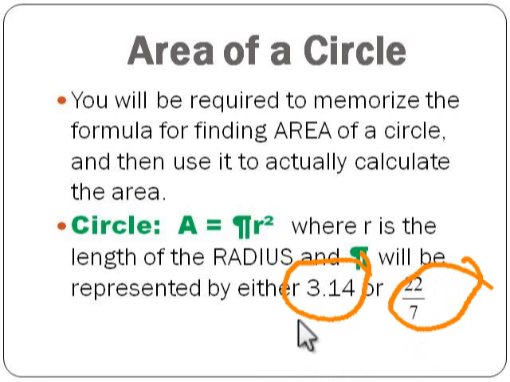It could also be a much longer decimal. It's actually a non-terminating decimal, meaning it goes on forever, but we're just going to use one of these two approximations. Anyway, we're going to multiply whatever value of pi we're using times the radius squared. So, of course, order of operations says we're going to square the radius first, and then multiply it by pi.